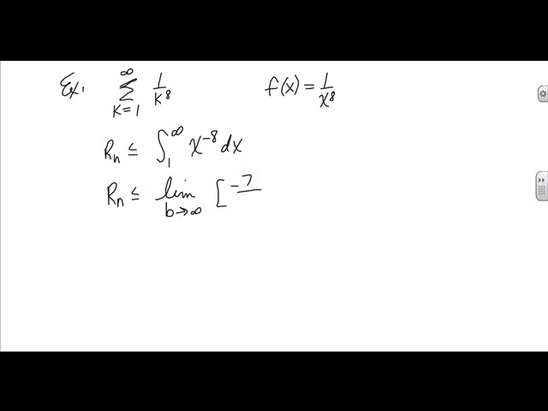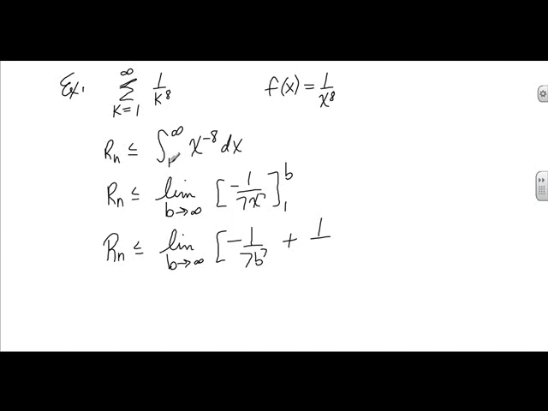So we're looking at negative 1 over 7b to the 7th minus negative 1. I'm sorry, I set that up wrong. It should be an integral from n to infinity. There, that looks like what I expected to see. Then taking that limit, we see that the upper bound for the remainder is 1 over 7n to the 7th power.